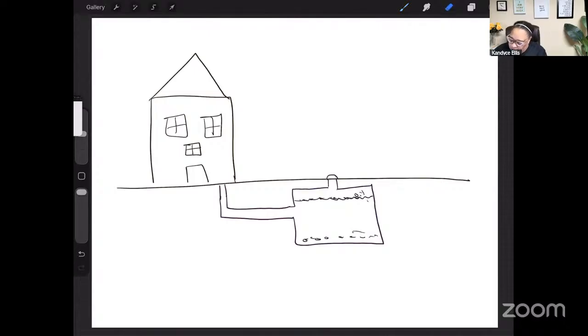And then there is like right here another entry. And the somewhat cleaner wastewater then is distributed out here into these piping systems.